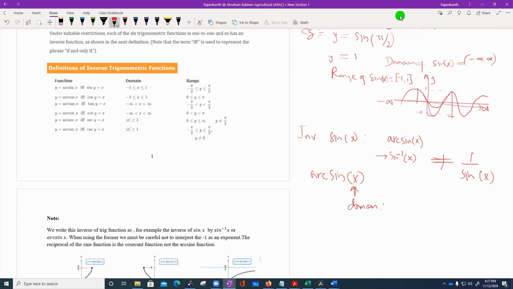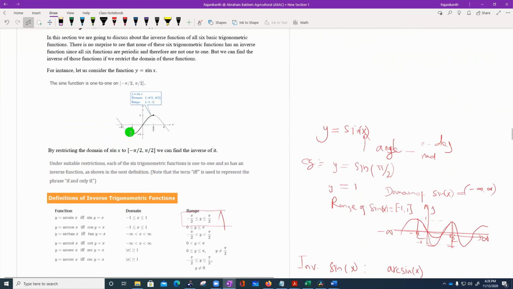We simply restrict the domain of the original function to negative pi over 2 to pi over 2, then flip around. We use this to preserve the function as a one-to-one function. You will learn those things deeply in Calculus 2. So at this point, you just look at these things. That's what they have explained here. You see now.